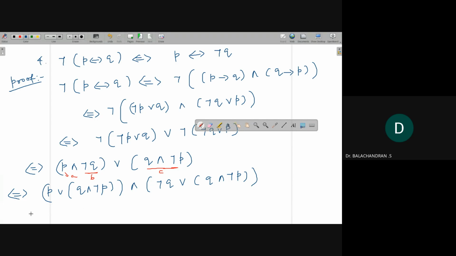So this is equivalent to P or Q, P or Q and P or negation P, and apply the distributive law, negation Q or Q and negation Q or negation P.